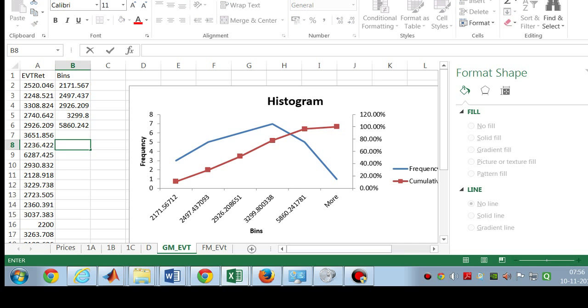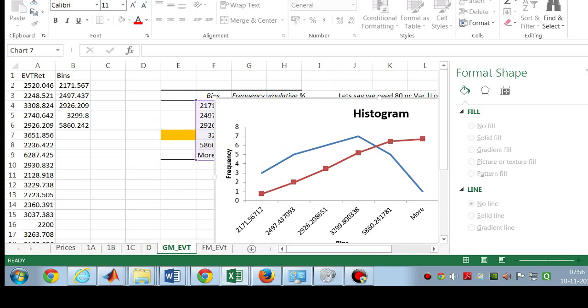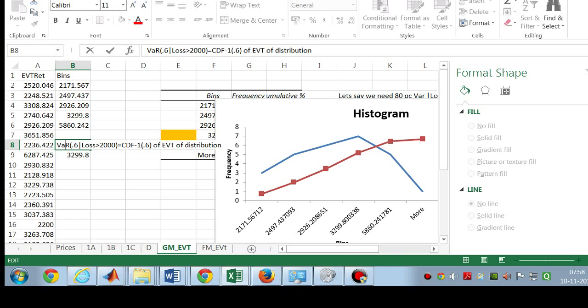So how do we conclude? Well, this should make sense. Value at risk with a tail event located at the 0.6 percentile, given that the loss is greater than 2000, is equal to this. We can also talk about the variance, the kurtosis and other skewness parameters of this distribution.